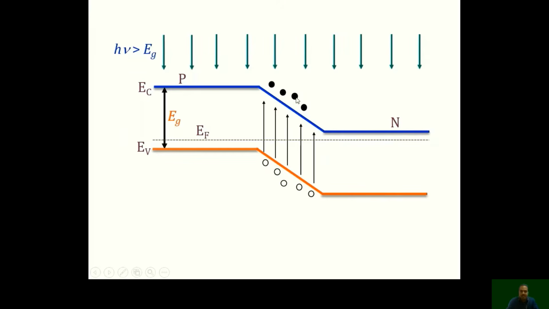These solid circles are the electrons, and these empty circles are the holes. Since there is a built-in potential across the junction, the electrons flow towards the n-type semiconductor and the holes climb towards the p-side semiconductor. As a result, there is a current flow from n side to p side. This leads to the generation of a potential, and the p-n junction becomes forward biased.